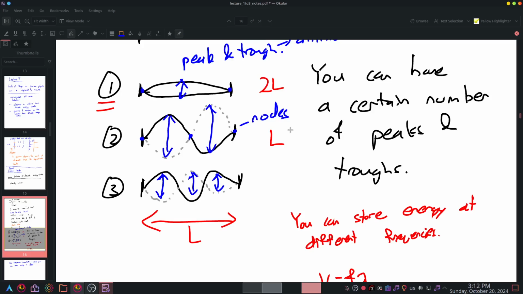These waves vibrate at different frequencies, and as you go up from n equals 1 to n equals 2, n equals 3, you have more and more modes of vibration, and more ways you can store energy.